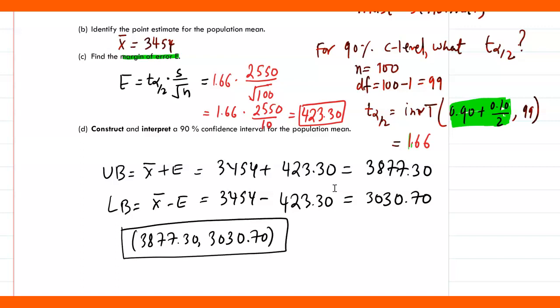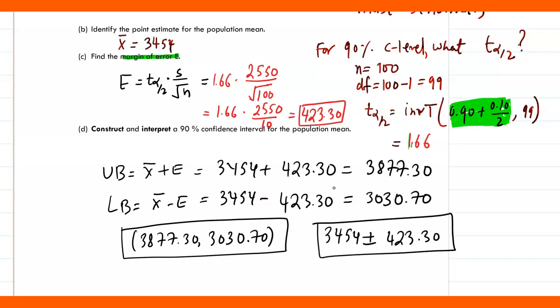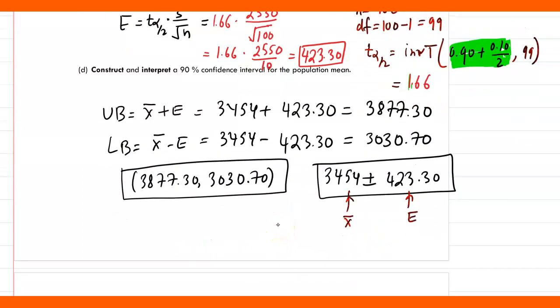Another way you can write the confidence interval is x bar plus or minus e. Therefore you can write 3454 plus or minus 423.30 in that format, because this is the x bar and this is the e. Or another format could be like this: you have the lower bound. Oh, I'm sorry, I have to switch this order, because the lower bound comes first. Therefore I'm switching the order of the numbers.